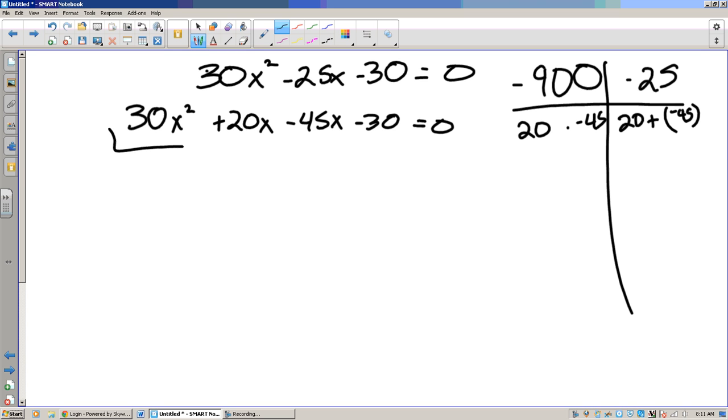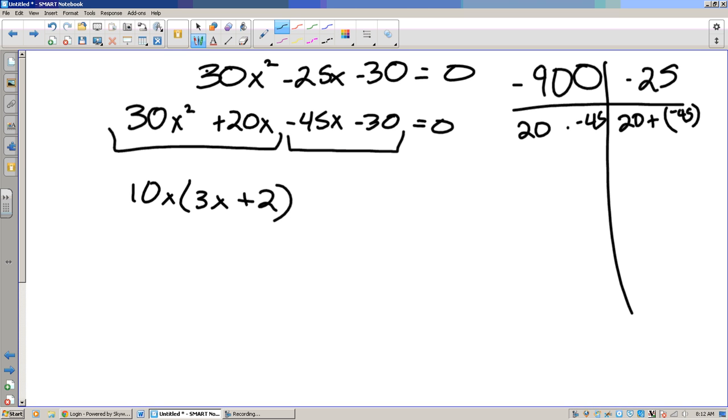Now, I'm going to find a common factor, just like any other time. I've got 10x, which is common, which leaves me with 3x plus 2. Gotta be careful if Jacob's on here, Jacob's always catching my little errors. I've got negative 45 minus 30.